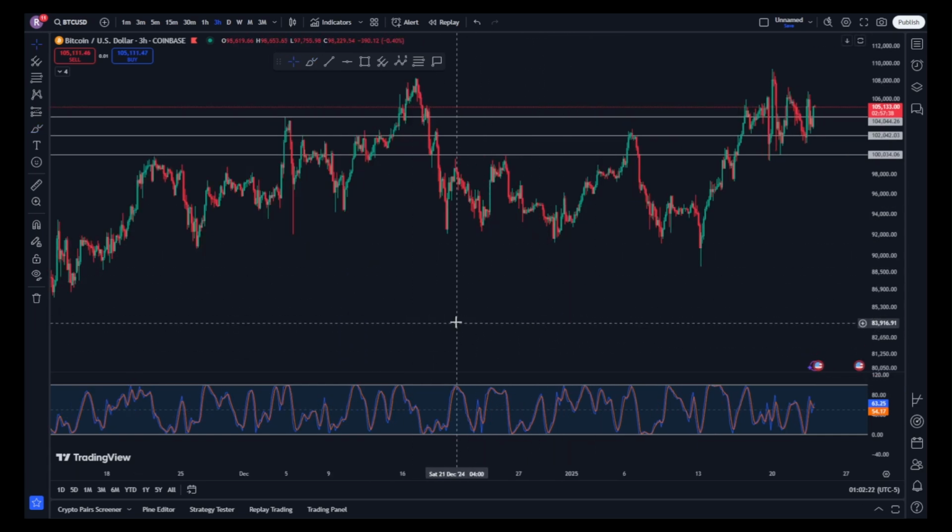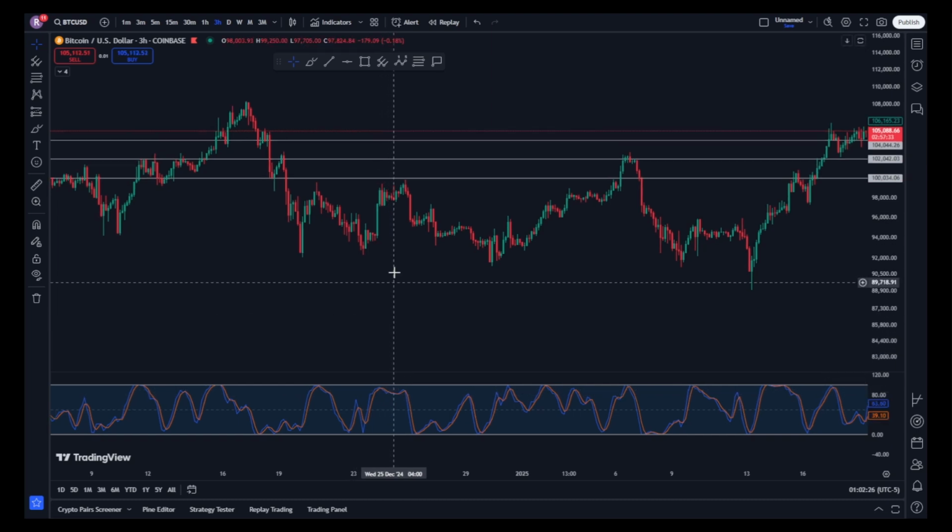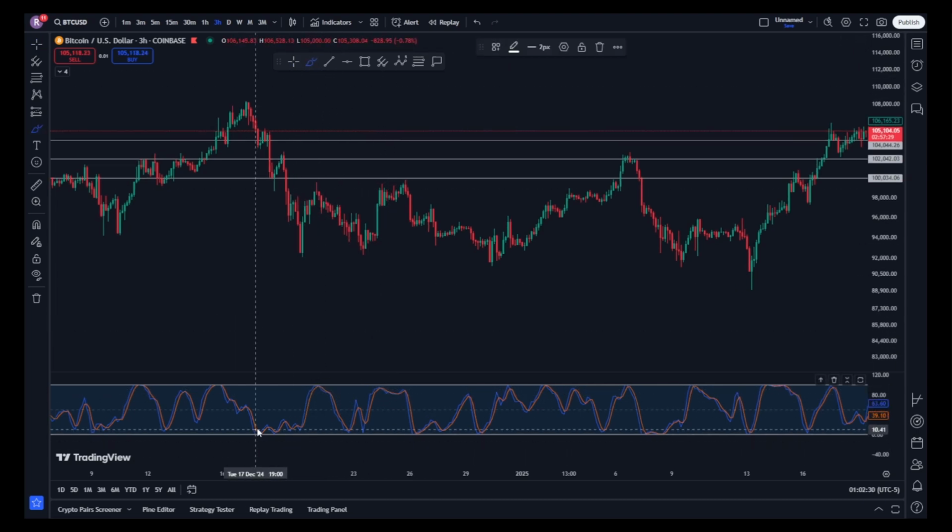Looking at just the chart right here, you can also see that you can't just trade based off the stochastic. If you took a long here, you would see even though the stochastic is going up, price was actually going down, and you would have gotten wrecked in your position here. Same thing over here.